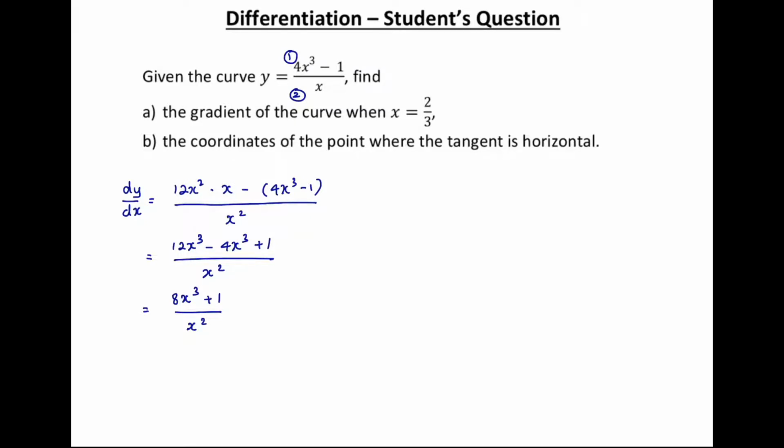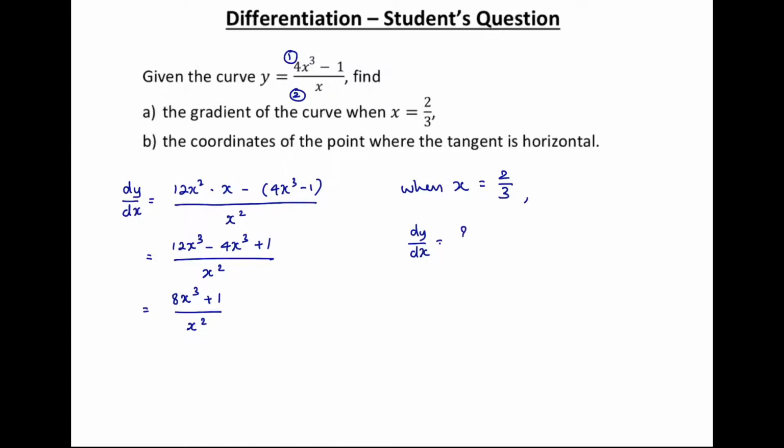So for this question A, they want it particularly at x equals 2 over 3. Alright, so for A, we will write when x equals 2 over 3, we need to sub this into our dy dx to find the value of the gradient at x equals 2 over 3.